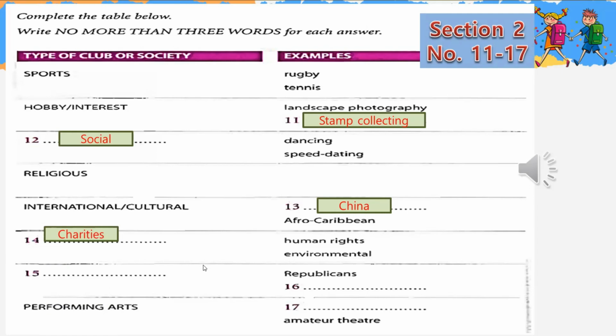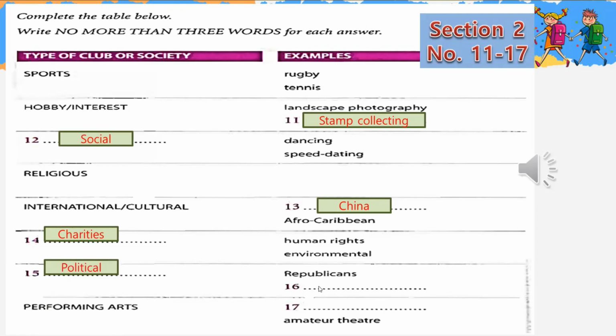And then for number 15, the clues come after the answer: party and also campaigning. When we talk about these clues, party and campaigning, the first example is Republicans. So what are the Republicans here? The Republicans are political.